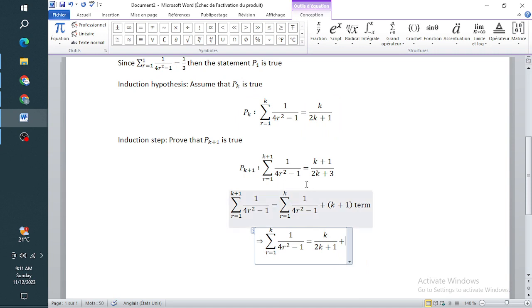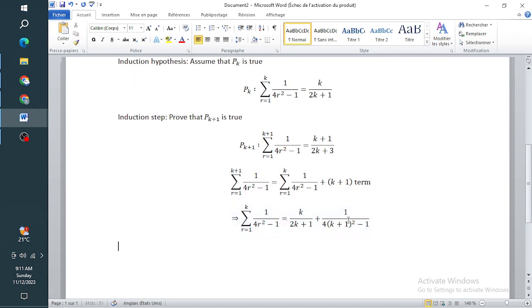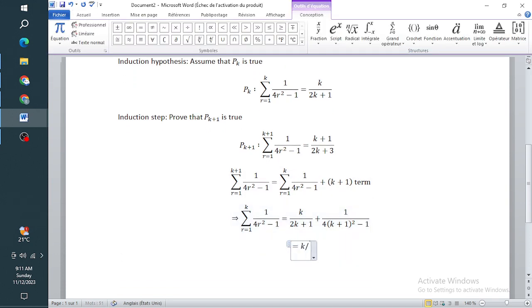Now what is the k plus 1 term? It is found by replacing r here with k plus 1. So I copy this, replace r with k plus 1 and simplify. If we simplify correctly, we get k divided by 2k plus 1 plus 1 divided by 4 into k squared plus 2k plus 1, then minus 1.